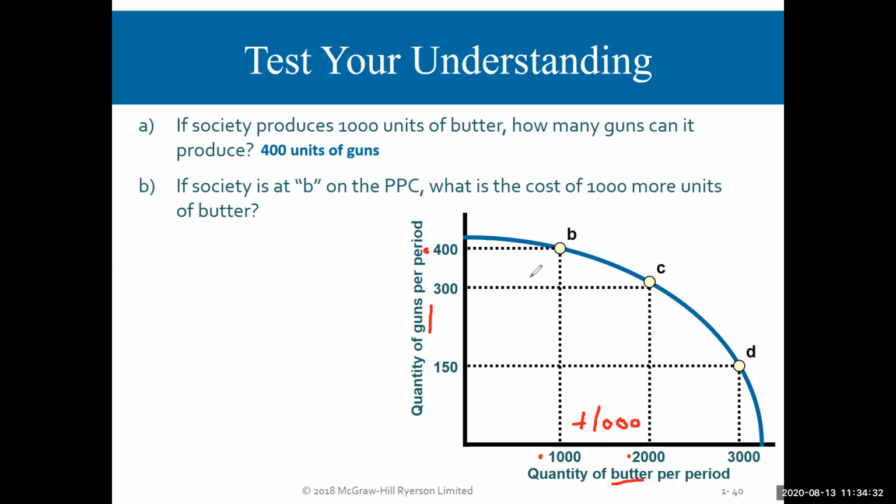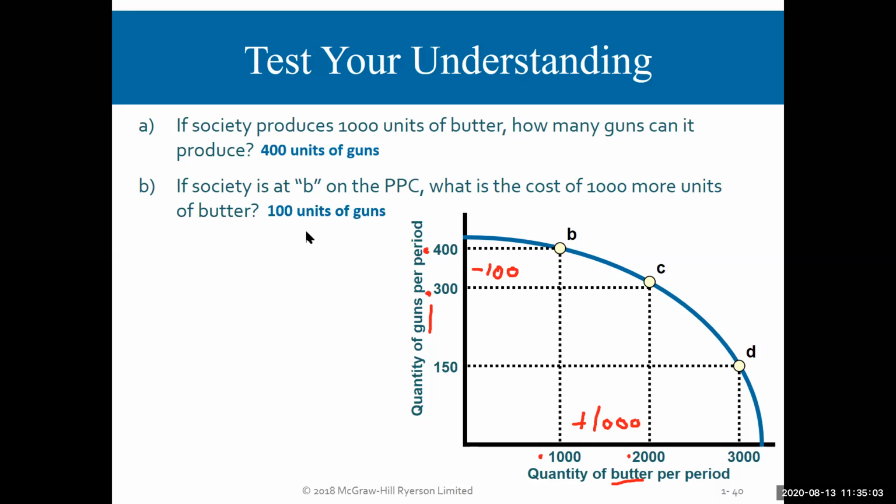So we go up to point C and we come back, and that means we can only produce 300 guns. The maximum combination we can produce is 2,000 butter down here and 300 guns. So to get the extra 1,000 butter, we give up 100 guns. Let's just see if that's the correct answer. Yep, 100 units of guns are given up.